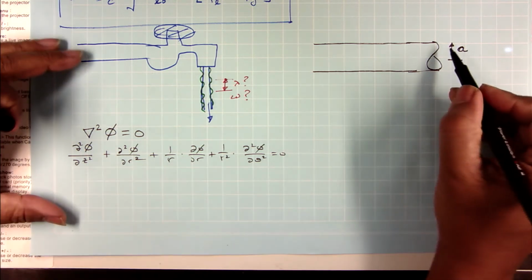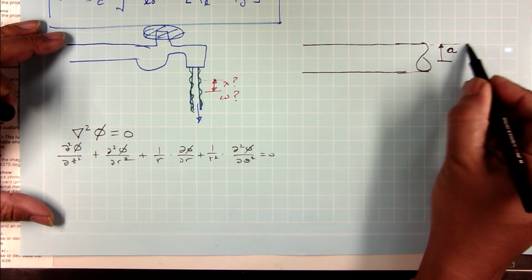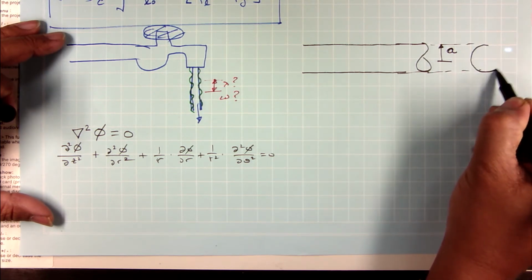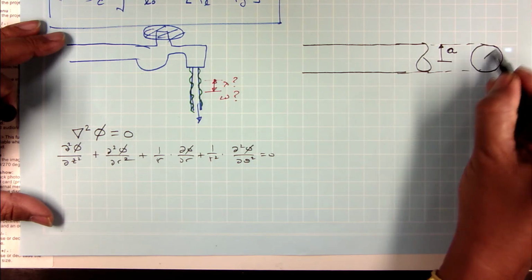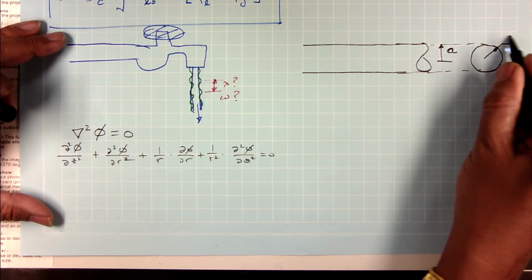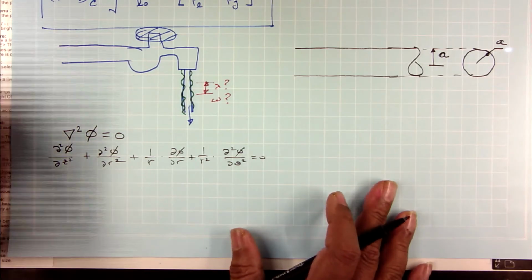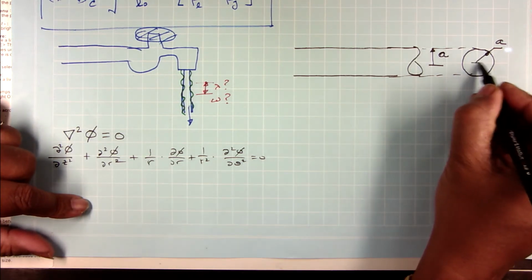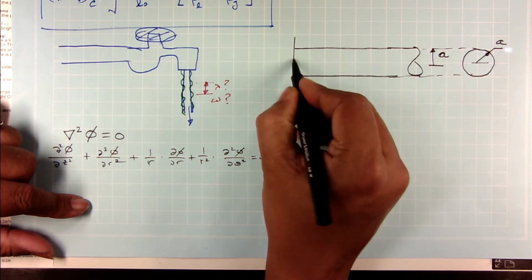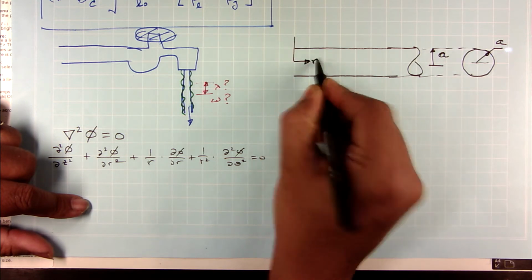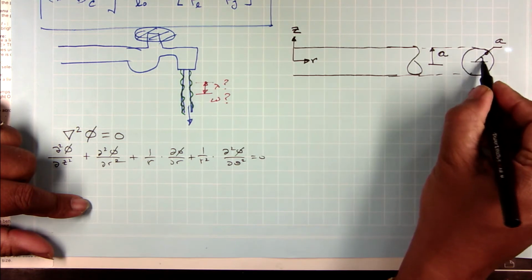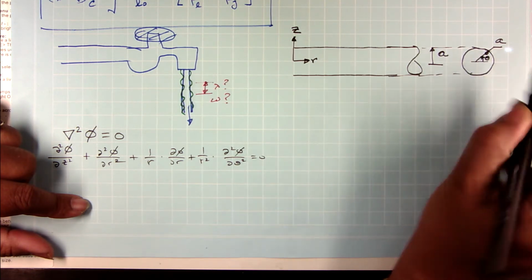If I were to take the cross sectional view, that is the radius of the jet. And so, in my r theta coordinates, this is my r direction, this is my z direction, and this is my theta direction, right.